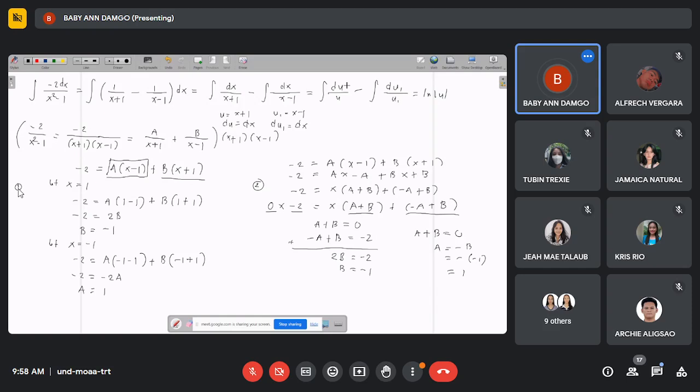Then substitute the values of u and u sub 1. We have ln absolute value of x plus 1 minus ln absolute value of x minus 1 plus c. And this is the final answer.